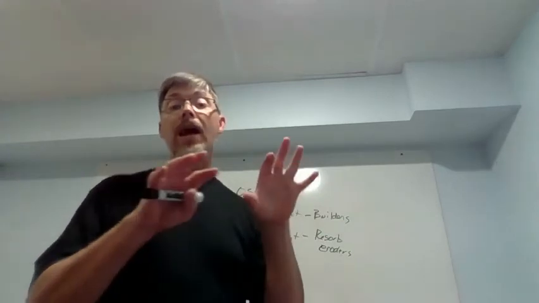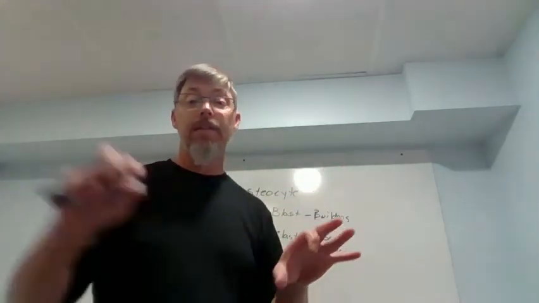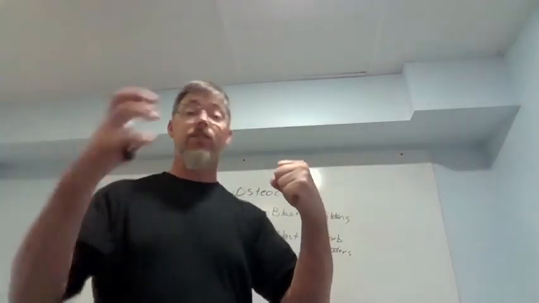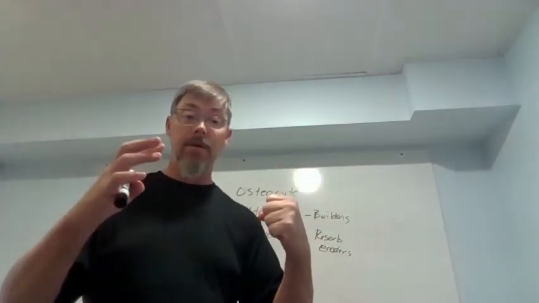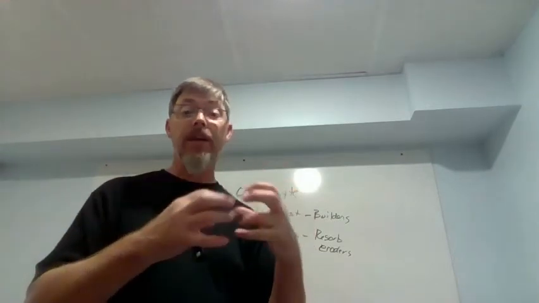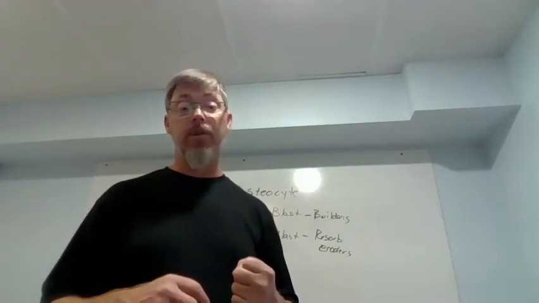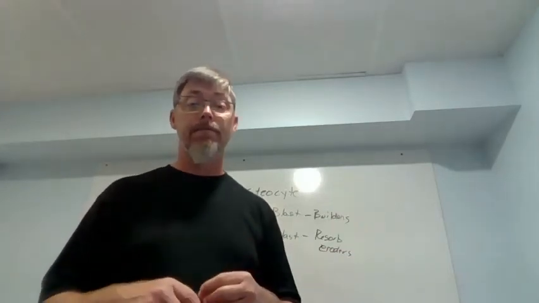So if we have more osteoclast activity than osteoblast activity, we're taking away bone faster than we're building it up. You see what's happening now? The calcium level of the bone itself is weakened, and that's what we call osteoporosis, osteopenia.